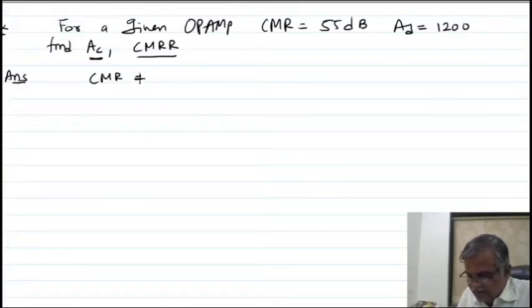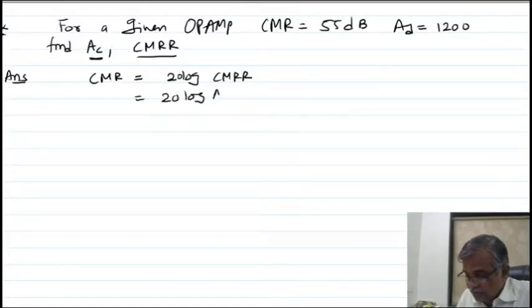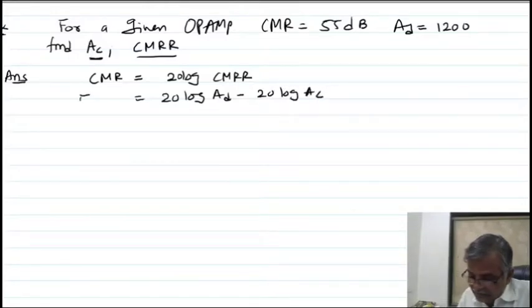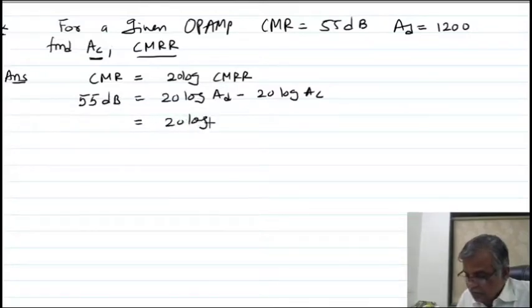CMR is 20 log CMRR, that is 20 log AD minus 20 log AC. This is 55 dB. 20 log of 1200, which they have given, minus 20 log AC.